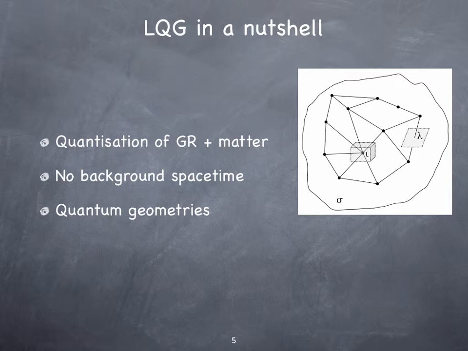And what you find is, if you compute the area of, for example, the gray surface on the right, and this holonomy is labeled by some quantum number lambda, then you find that the area is only non-vanishing if this area is punctured by one of the edges of your graph, and the eigenvalue is then given by this quantum number.